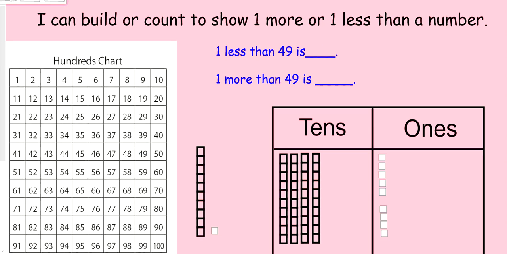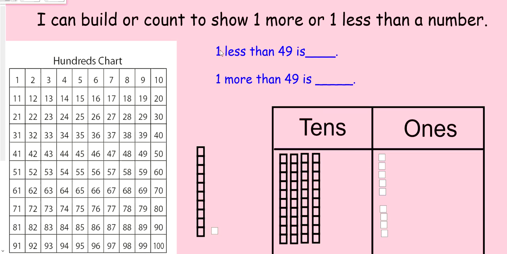Let's try one more. Read it with me. 1 less than 49 is blank. Check to make sure we have 49 built correctly. How many tens? 4. How many ones? 9.